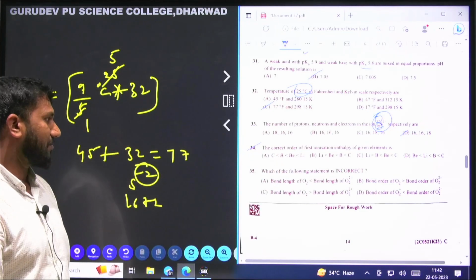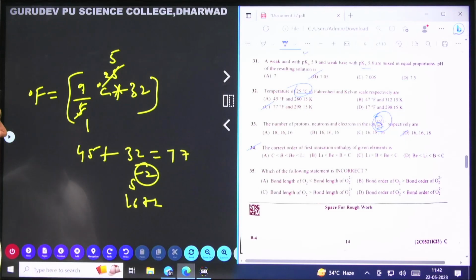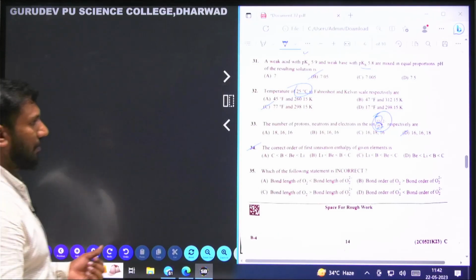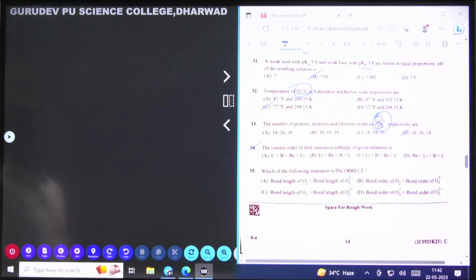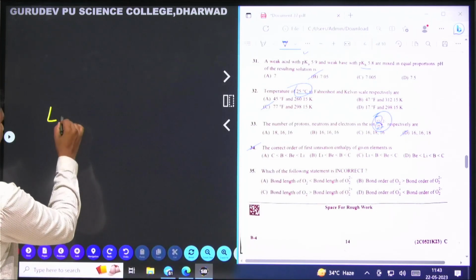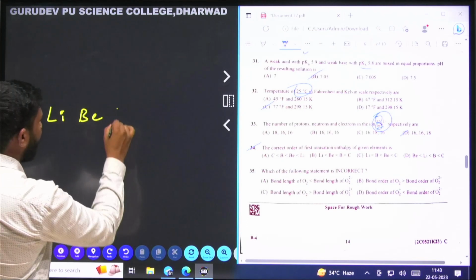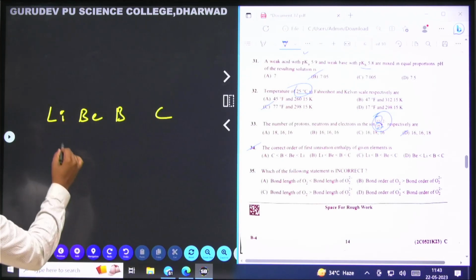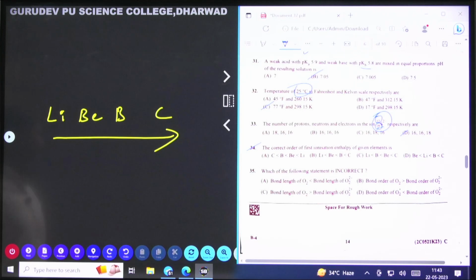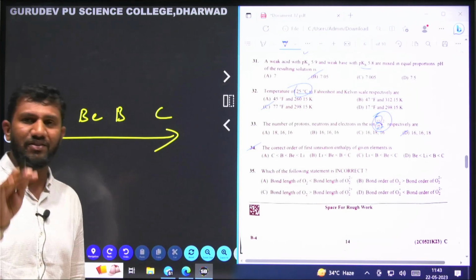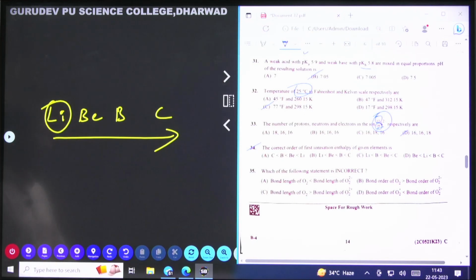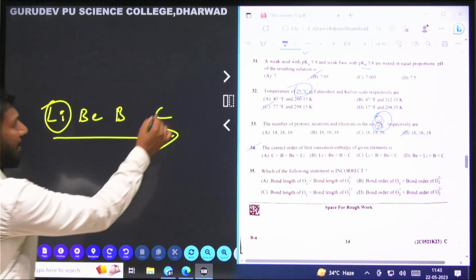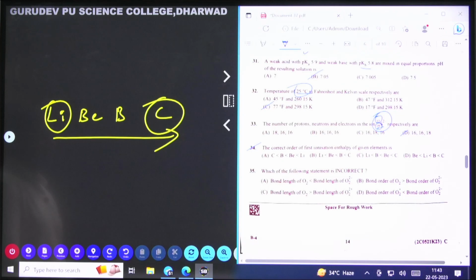The correct order of first ionization enthalpy of given elements. Four elements are given: lithium, beryllium, boron and carbon. We know along the period ionization enthalpy increases due to decrease of atomic size. So lithium has very low ionization enthalpy and carbon has very high ionization enthalpy.